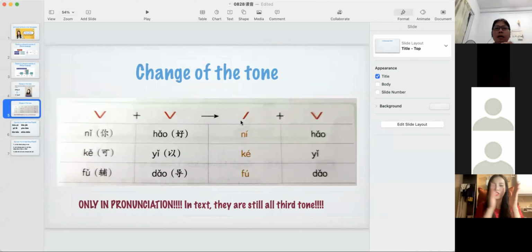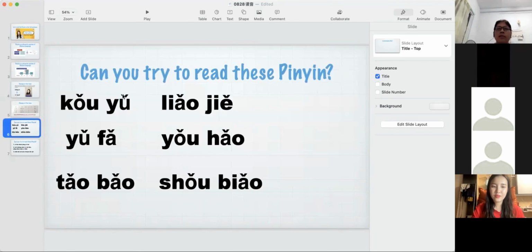Also for the change of the tone, when two third tones are read in sequence, like 你好, we just simply change the first character into the second tone. Originally we pronounce 口语 as two third tones, which is really complicated.